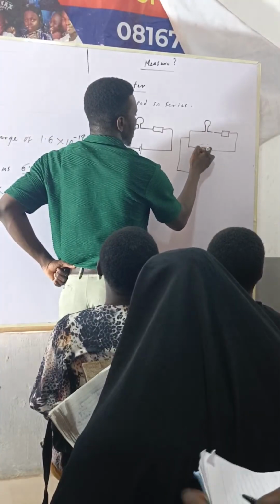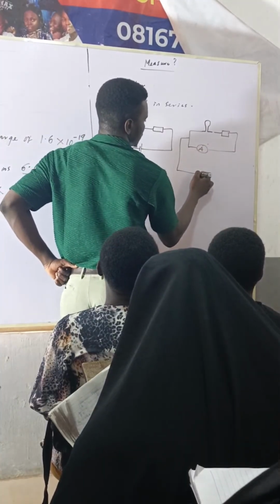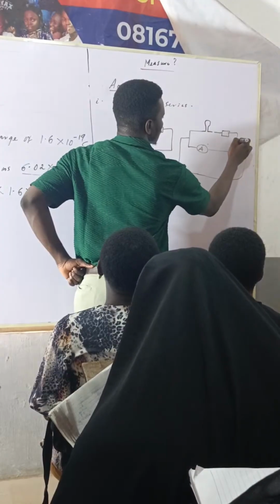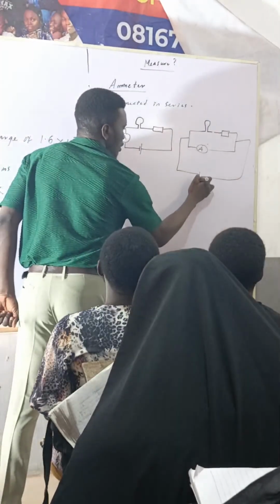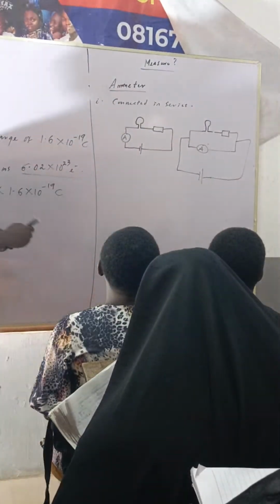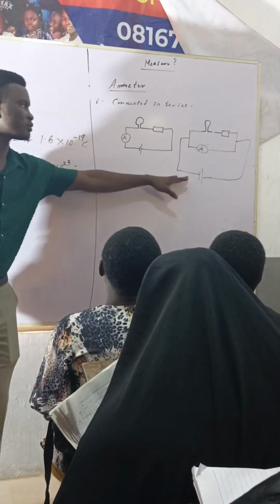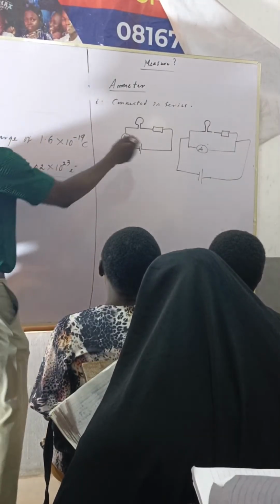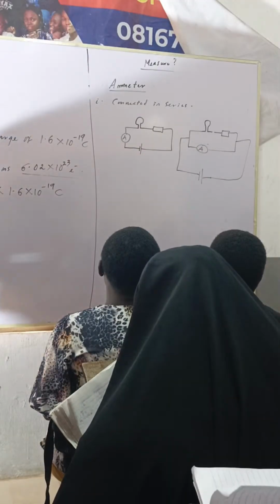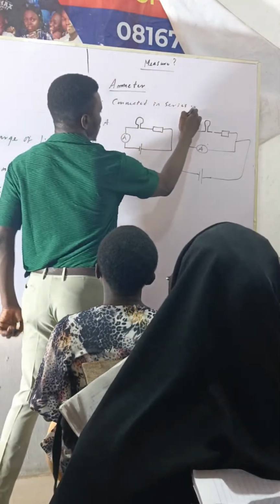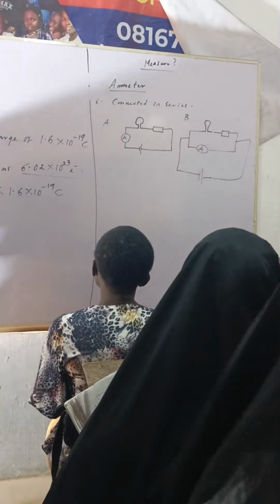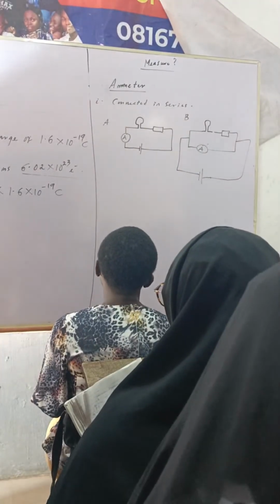Then I connect my ammeter here. Now, looking at what you have between A and B, in which one is the ammeter connected in series? A.